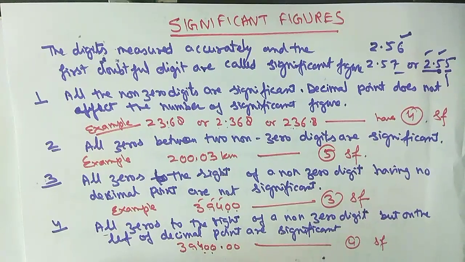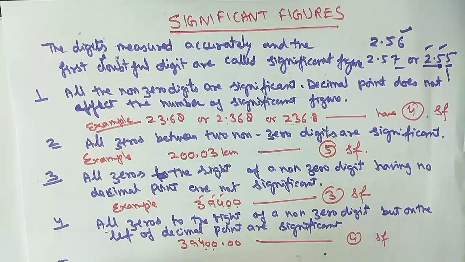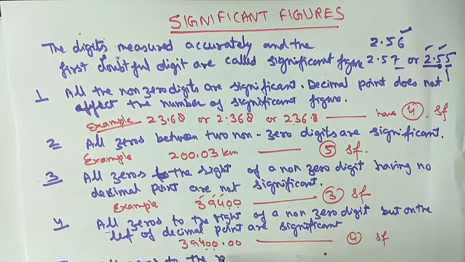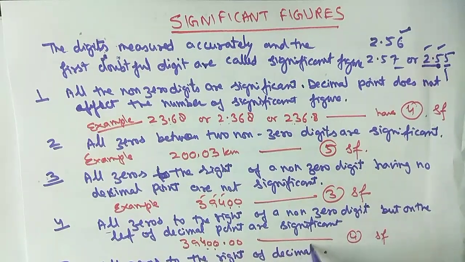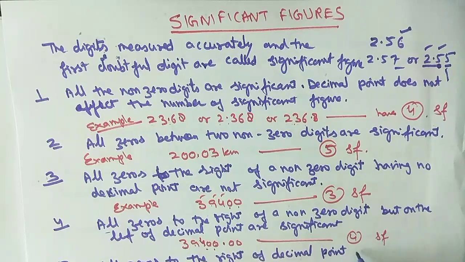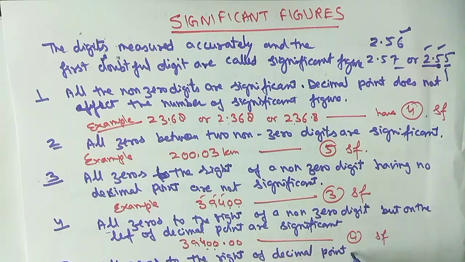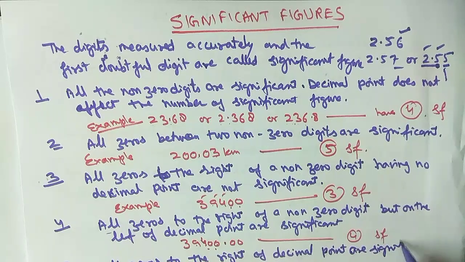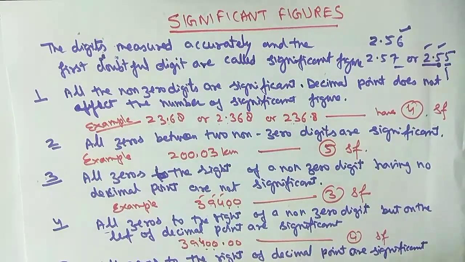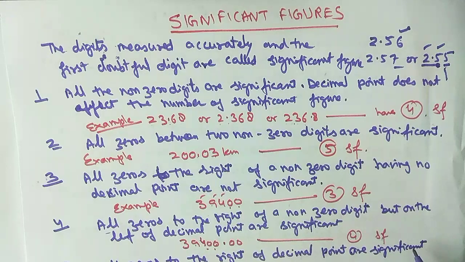Now come to rule number 5. Rule number 5 says all zeros to the right of the decimal point are significant. All zeros to the right of the decimal point are significant.